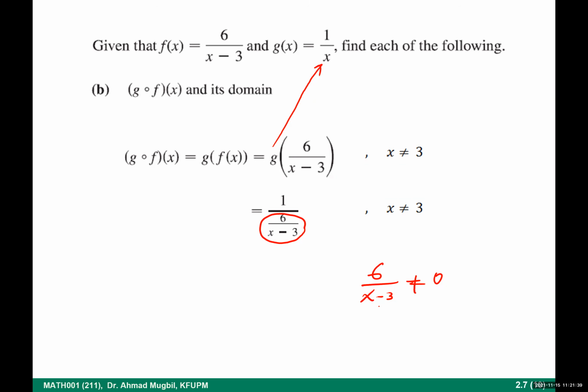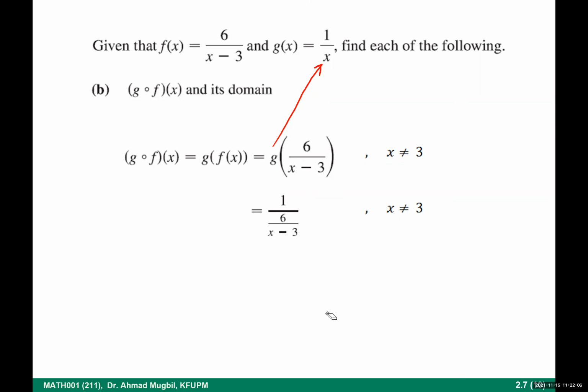It will not be 0 at 3; it will be undefined at 3. When you have a over b equals 0, this will be true if and only if what? If a is 0, and b is not 0. This is 6. How can it be 0? So this will never be 0. There is no need to add more restrictions. This is enough: x does not equal 3. This is more than enough.